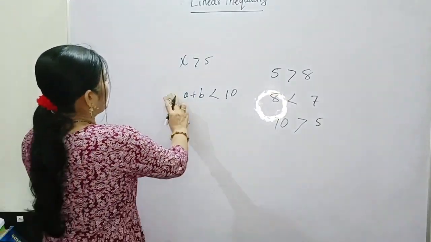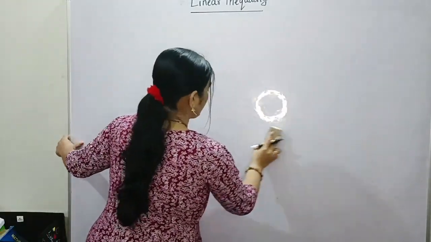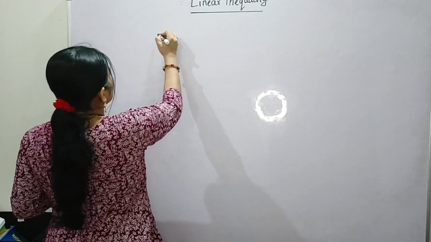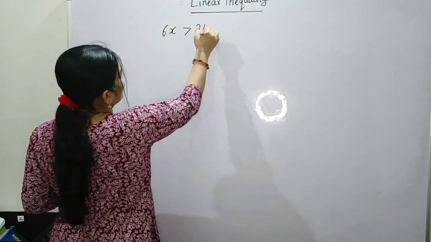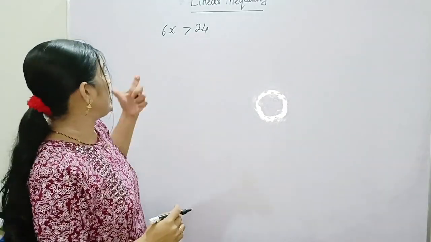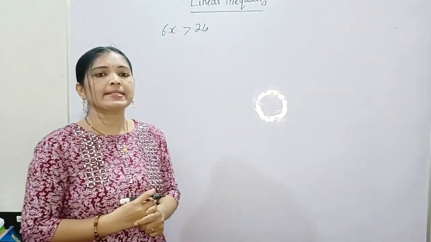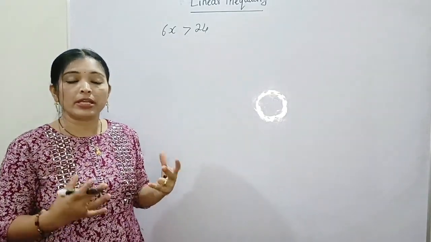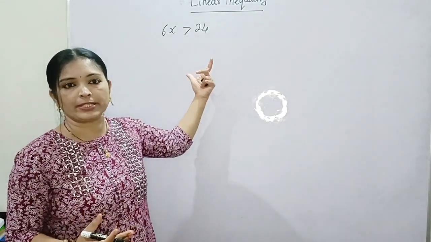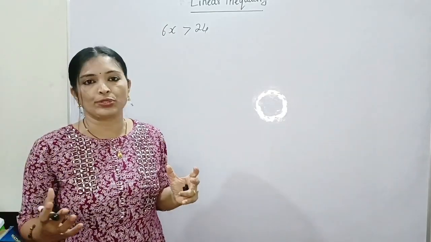Let us take one example. Solve 6x greater than 24. One inequality is given. Here we will solve this inequality with some rules.